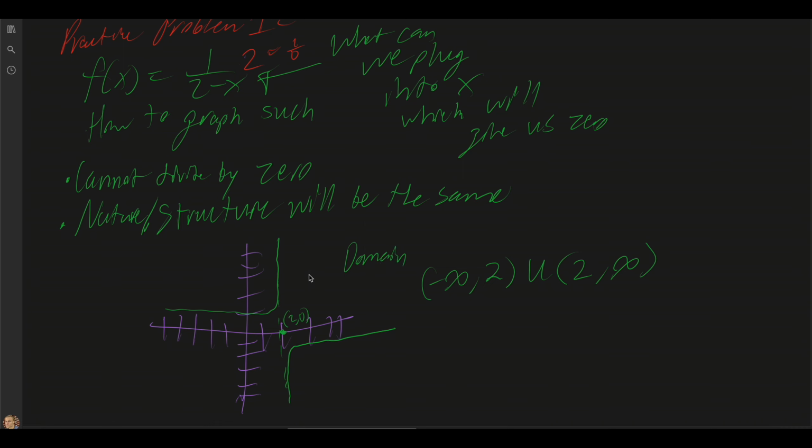The range, on the other hand, would likely be the same, union, 2 to infinity over here. However, a big however, we also need to figure out exactly what the y-intercept is going to be.